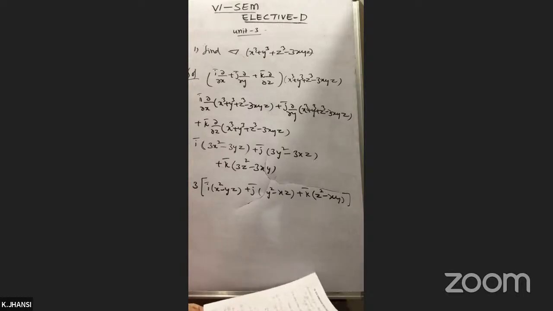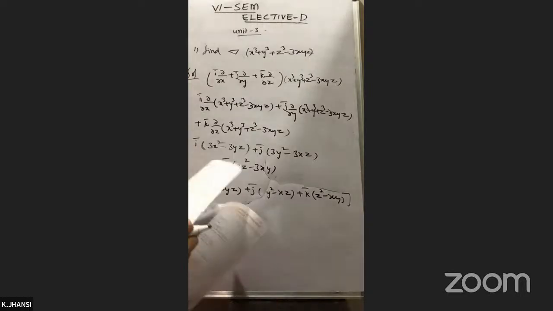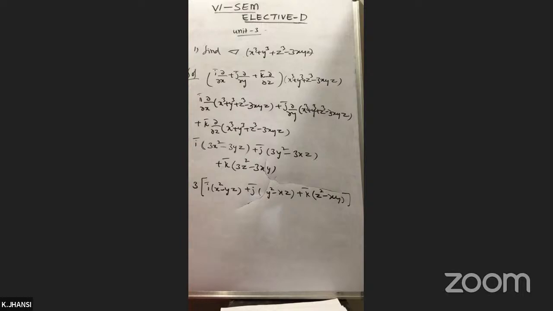Find the directional derivative of x square plus y square plus z square along the vector j minus k at the point (1, -1, 2). On the directional derivative you will get one problem for a 5 marks question.